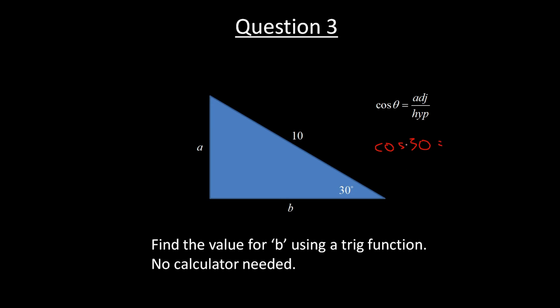And this equals the adjacent. The adjacent leg is B divided by the hypotenuse, which is 10. So to solve for B, we multiply both sides by 10. And that is the value for B. 10 cosine 30.